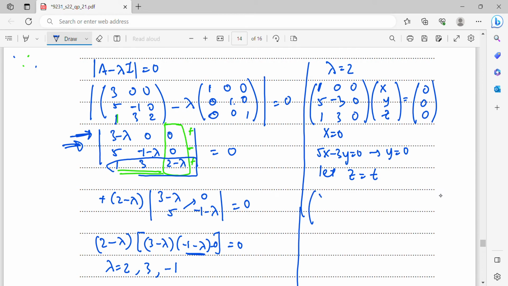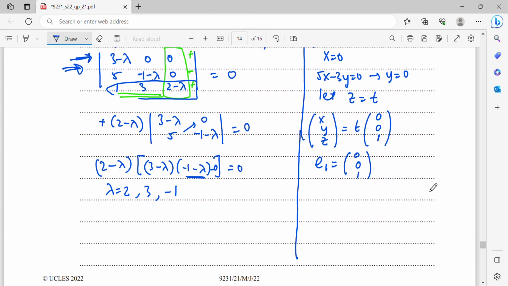Then my x, y, z is 0t, 0t, and z is t, which is 1 times t. So this is my lambda 1, and my eigenvector 1 is going to be 0, 0, 1. We have to repeat the same steps for the next two lambda values.